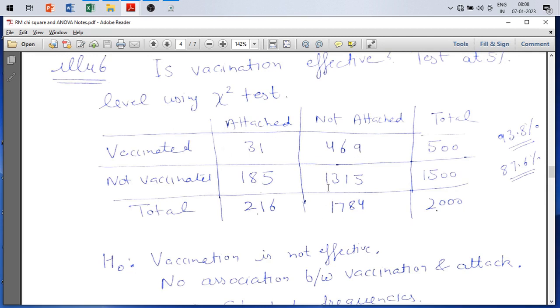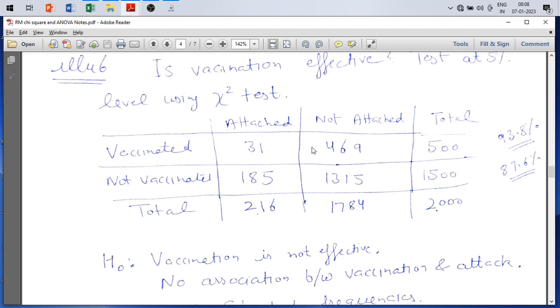Then in this table, you see there is only one piece of information that we need to know. If we know that 31 were attacked, then we automatically know 469 were not attacked, because the total of these has to be 500. So we just need this information. And if we know 31 will be the number here, and the total here is 216, then we automatically know it is going to be 185 here.